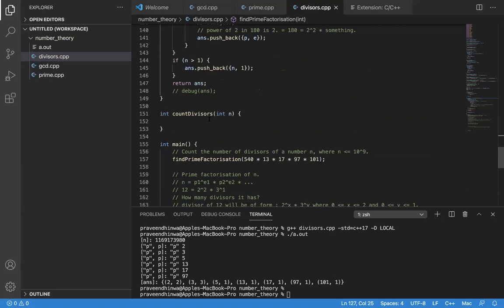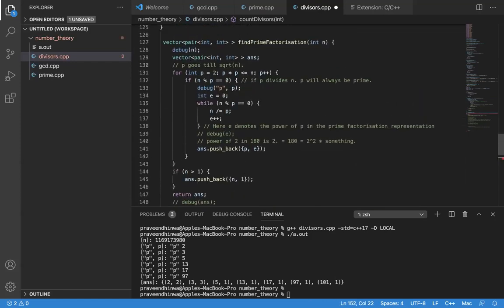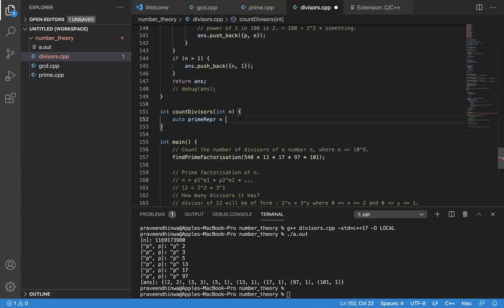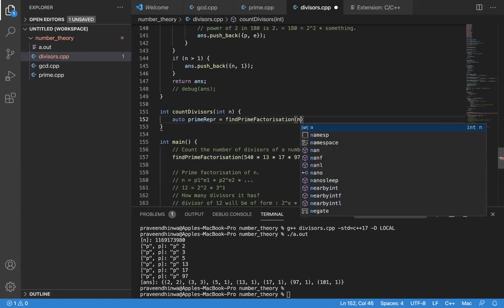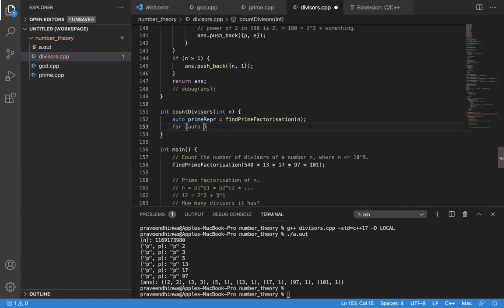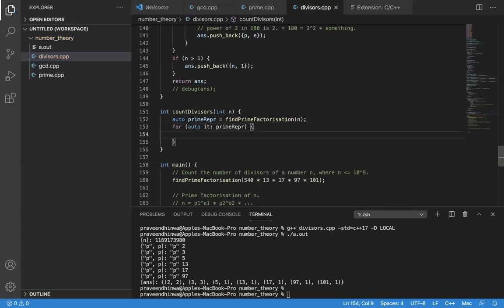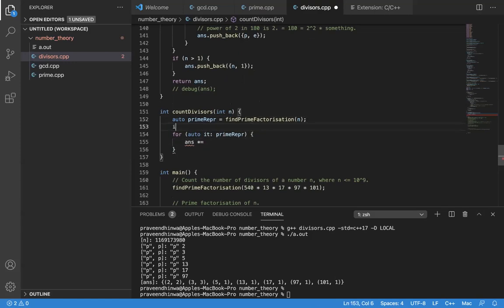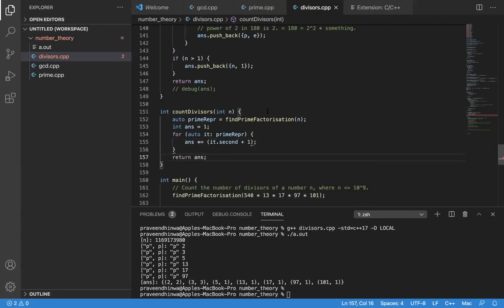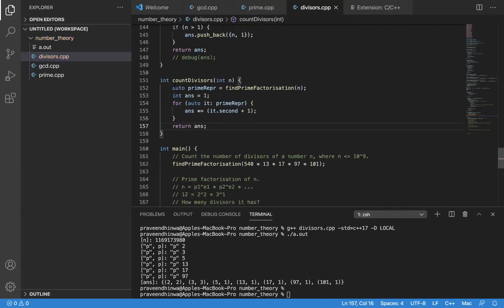So what do I do? I first find the prime representation of the given number n. Now I go over this prime representation, and answer is, let's say, equal to 1. The answer will be multiplied by second plus 1. So second gives me the exponent. Return answer. Is this clear?